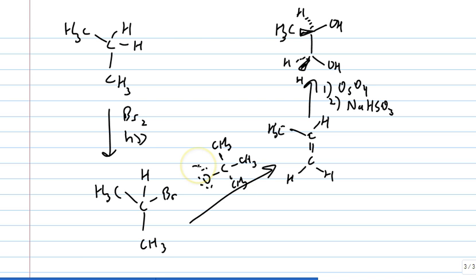I don't know how you abbreviate it, so I'm just going to draw it. Sometimes it's abbreviated like KOtBu. But that's a big and bulky, strong base. And that's it.